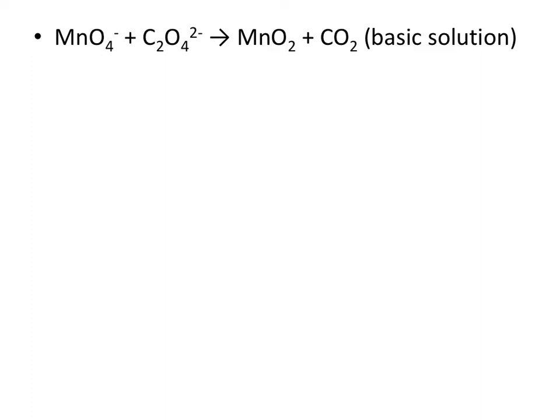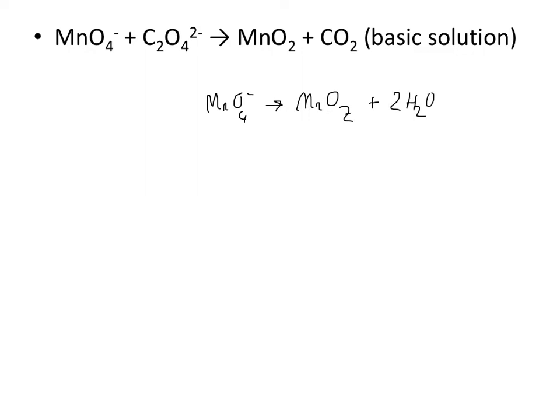Let's balance under basic conditions, and to do that we will start with the half reaction MnO4-, our permanganate, into MnO2, the manganese 4 oxide. And we'll see on the right hand side of the equation we're short by 2 oxygen, so we will add 2 water.